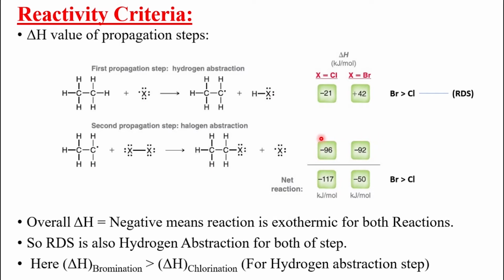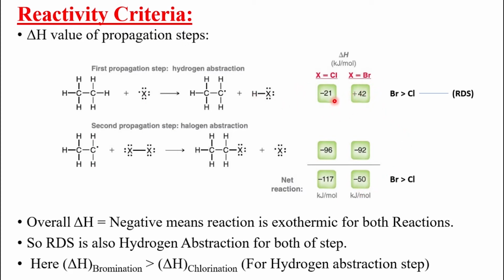But for halogen abstraction both values are negative. So this value indicates this process for chlorination as well as bromination for halogen abstraction is an exothermic reaction, and overall both are negative. So overall process for chlorination as well as bromination are exothermic processes.